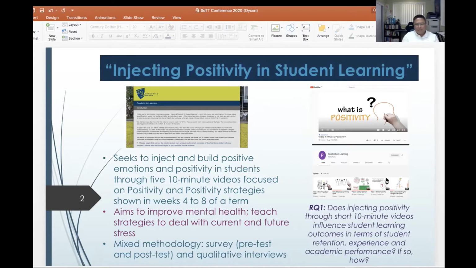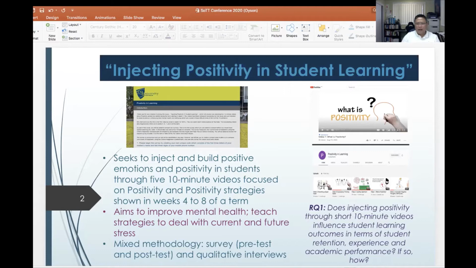All of these personal stresses, which happen to us as academics as well, do have an impact on student learning. So what we were hoping to do was to teach students positivity strategies that would help them in becoming more effective in learning.